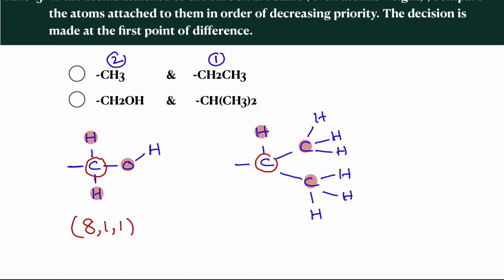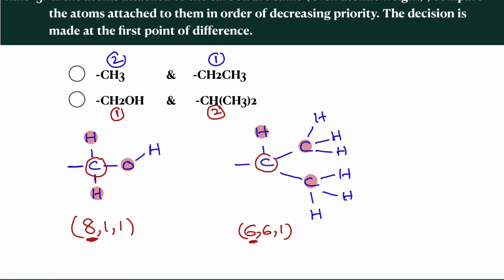In the second example, the isopropyl group, carbon, carbon, hydrogen, so that is 6 6 1. Obviously here we have 8, here we have 6, so we are getting the difference, therefore this will receive first priority, this will receive second priority.